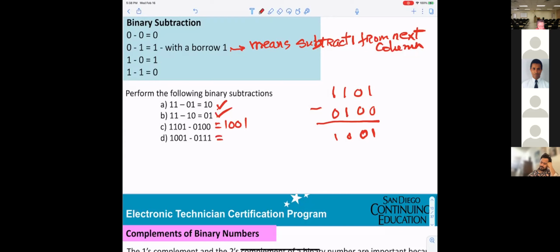Okay, so what do you get? 0010. You say 0, let's see. 0 0 1 0. Well, 1010. 0010.